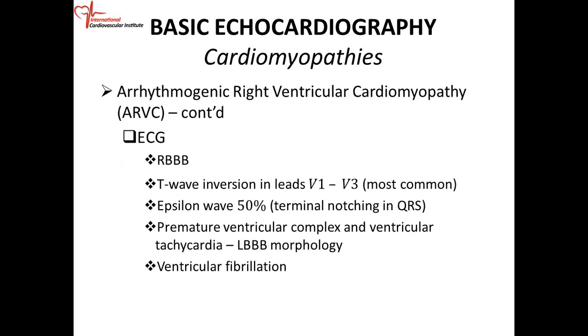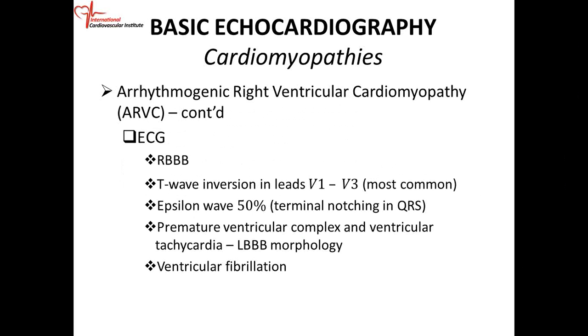Okay, so again, tip off. And I like this in exams. I know it's an echo exam, but the ECG feature is very interesting. So you'll get T-wave inversions in leads V1 through V3, a terminal notch in the QRS, the so-called epsilon wave.